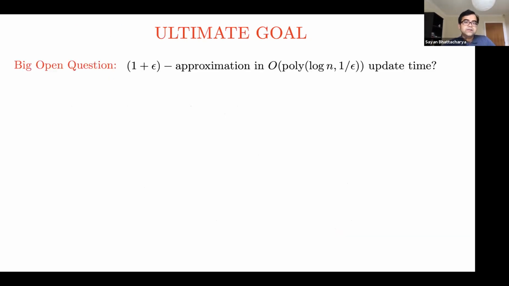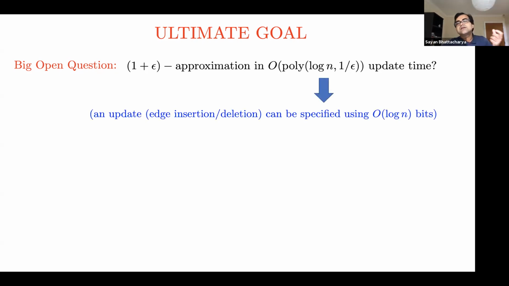And the ultimate goal in this topic is this: can we design a 1 plus epsilon approximation dynamic matching algorithm that runs in polylog n update time? And we are still very far away from this goal. This polylog n update time threshold is important because in order to specify an update, insertion or deletion of an edge, you only need order log n bits in an n node graph.